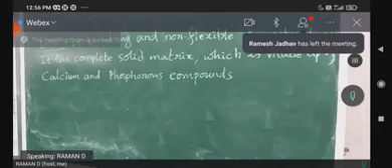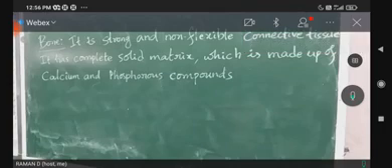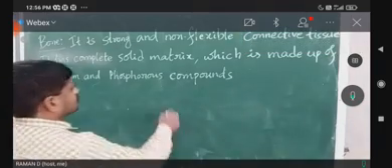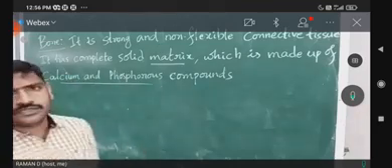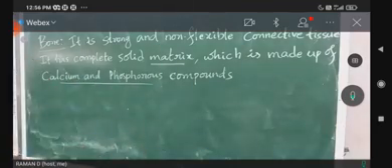It has a completely solid matrix which is made up of calcium and phosphorus compounds. So the matrix of the bone is made up of what? Calcium and phosphorus compounds.